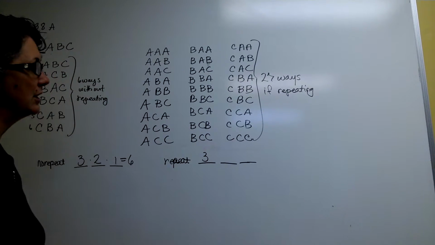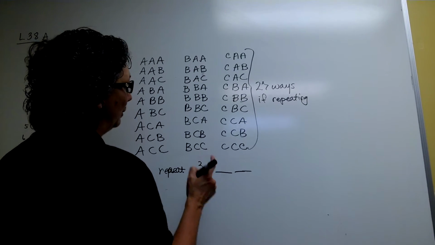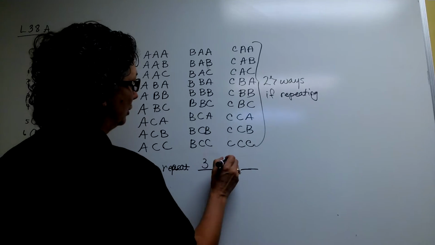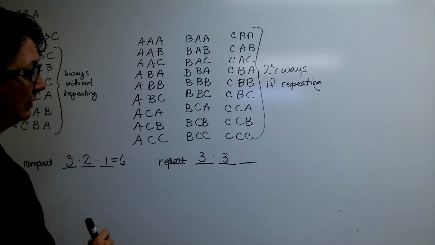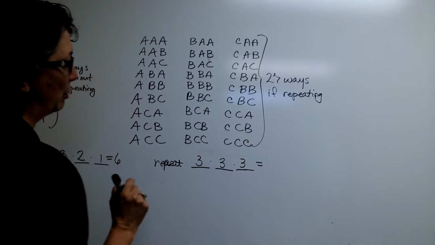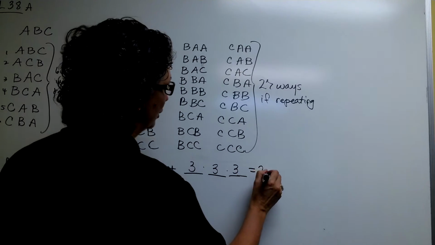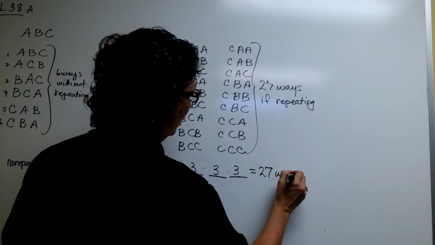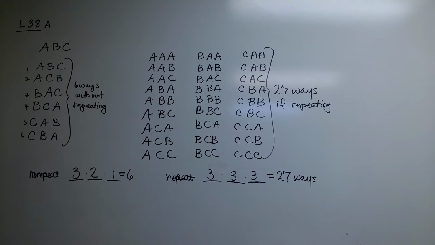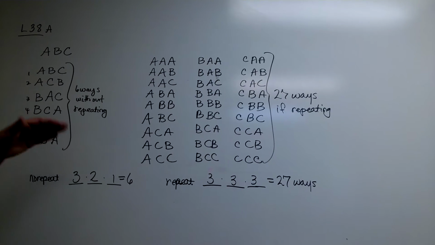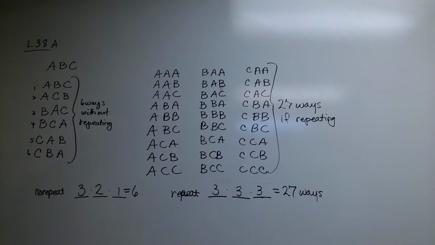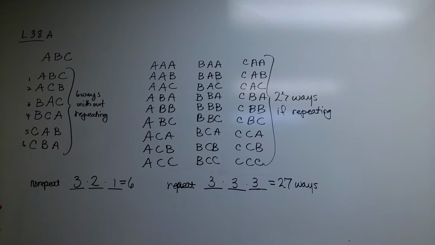I have an A, B, or C. But since I'm allowed to repeat, I have 3 choices for this second spot, A, B, or C. And I have 3 choices for the third spot, A, B, or C. Which is 27 ways that I can arrange A, B, and C if repeating is allowed. Now this is going to come into play in lots of situations.